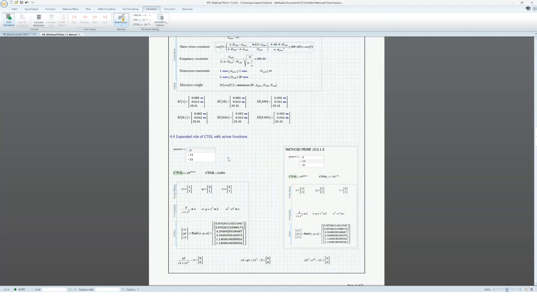This was not the case in Mathcad Prime 10. I did exactly the same in 10, and you will see the value is not the same. The value was the same as for 10 to the negative power of 3. So this is also an improvement when solving problems like this.